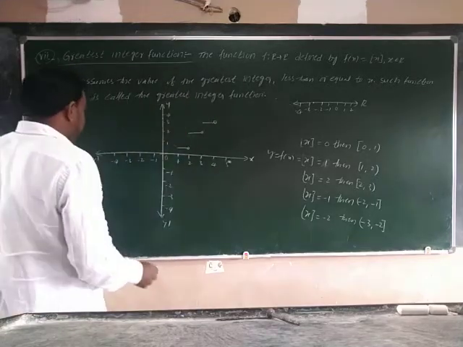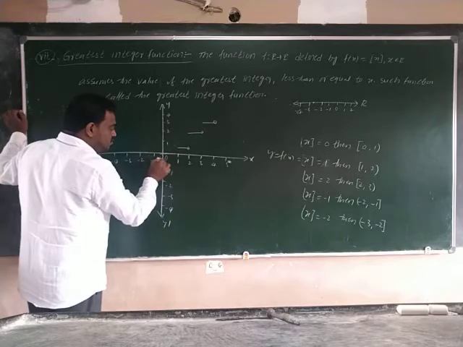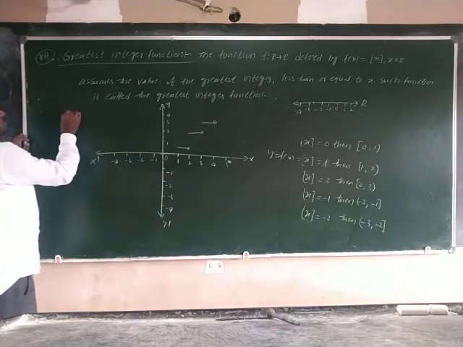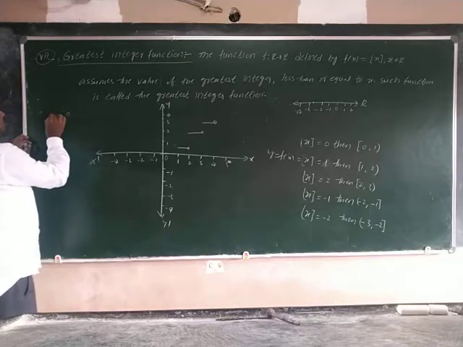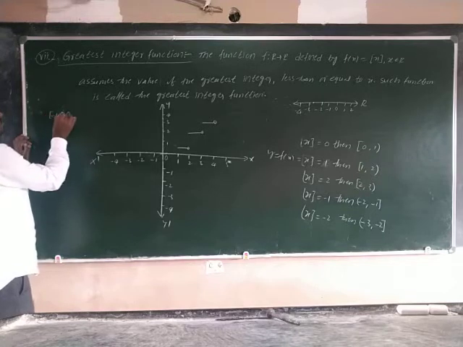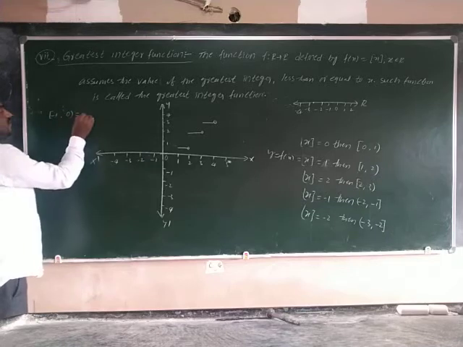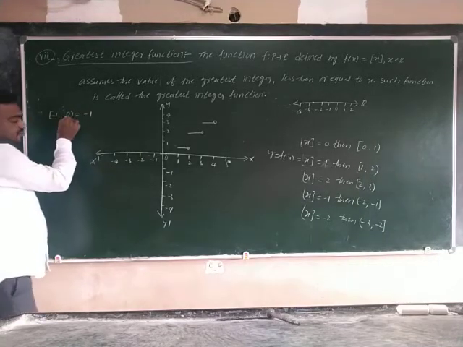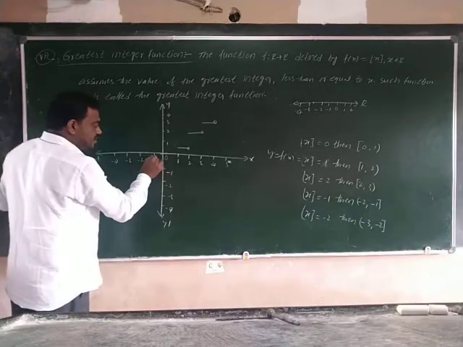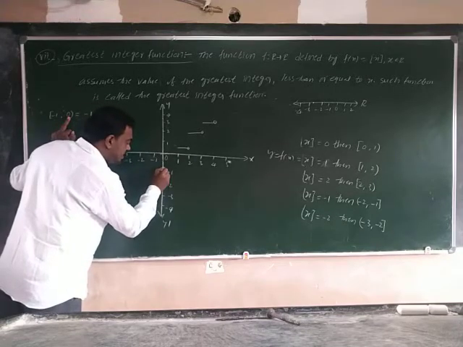So here, 0 to minus 1, that means the interval is left closed, right open. This is equal to minus 1 that we are getting. That means minus 1 to 0, here 0 is excluded, so this is the point and this is the line.